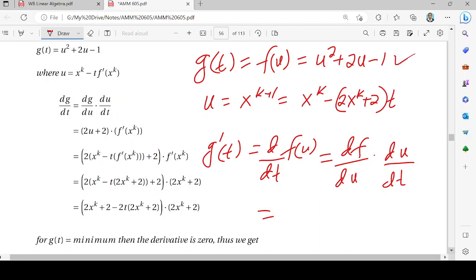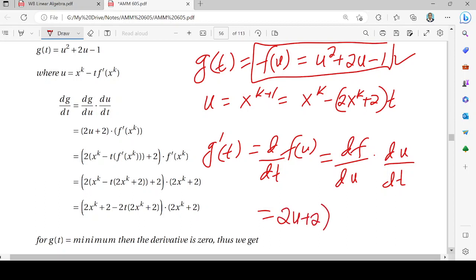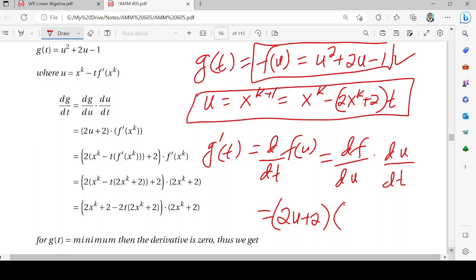Because f of u is this function here, if we differentiate that with respect to u, we get 2u plus 2. Then the derivative of u with respect to t, u is this one. So when we differentiate, we get minus 2x k plus 2. So this is the function g prime. This is the derivative of g.